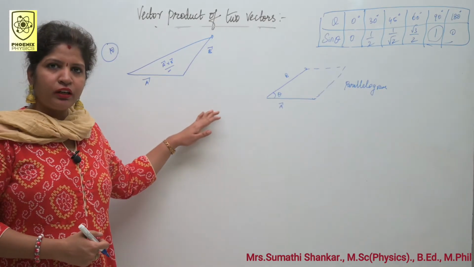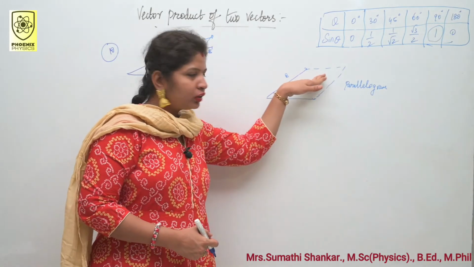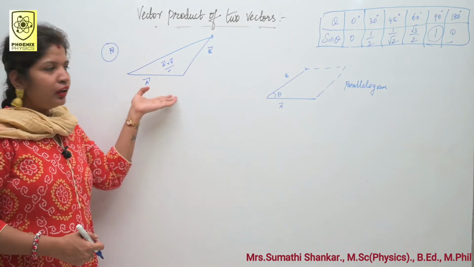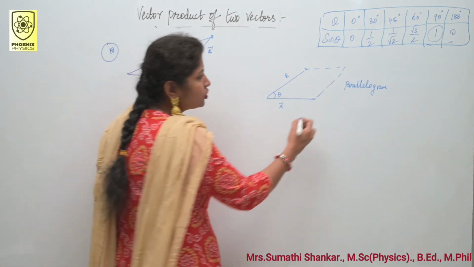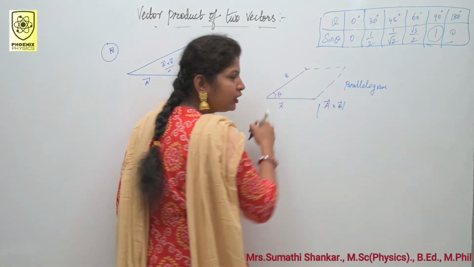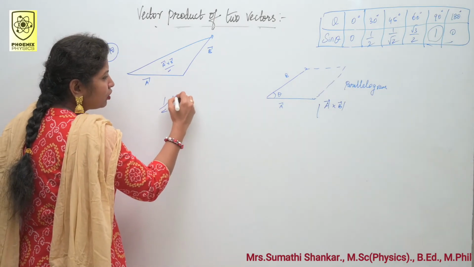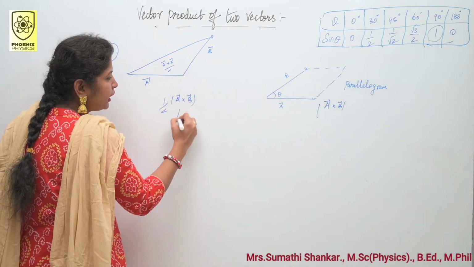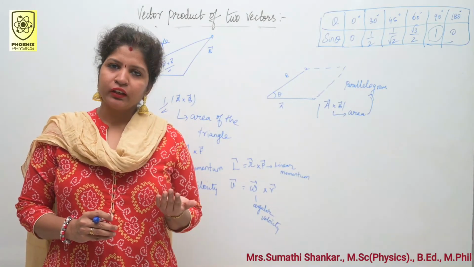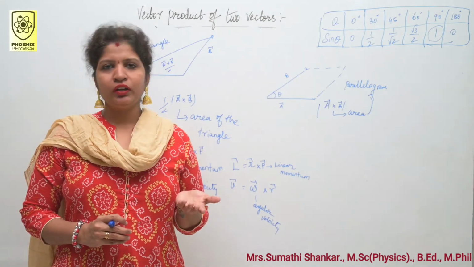Our 10th property: we can divide the parallelogram into two equal triangles like this. You know that the magnitude of A cross B will give the area of the parallelogram. Here, half times the magnitude of A cross B will give the area of the triangle. Using the vector product, we can calculate torque, angular momentum and linear velocity.